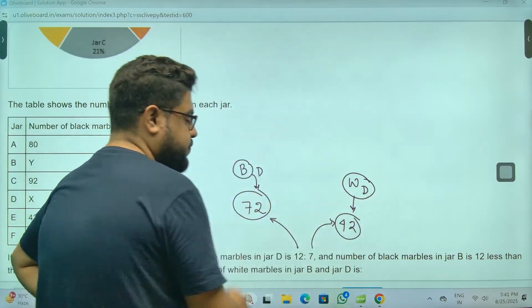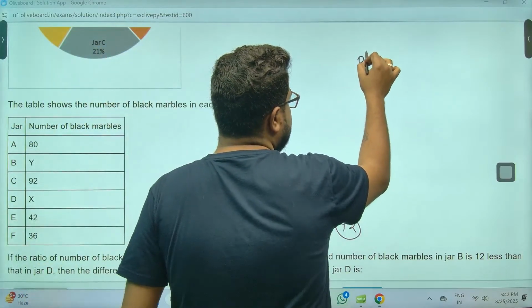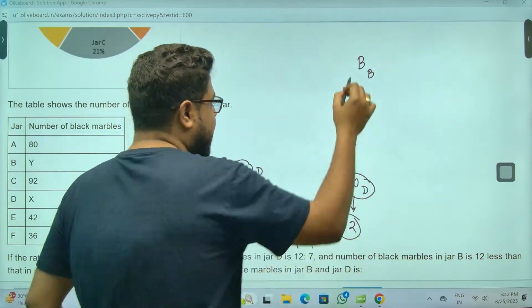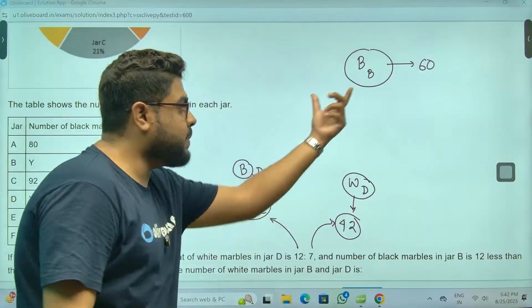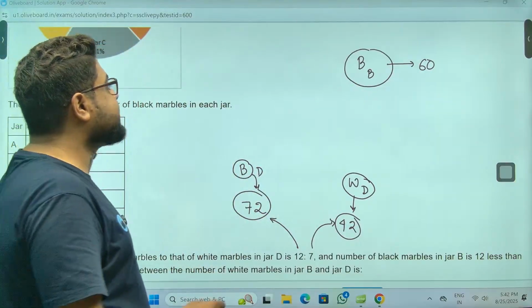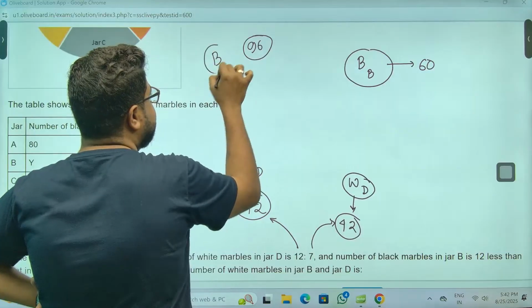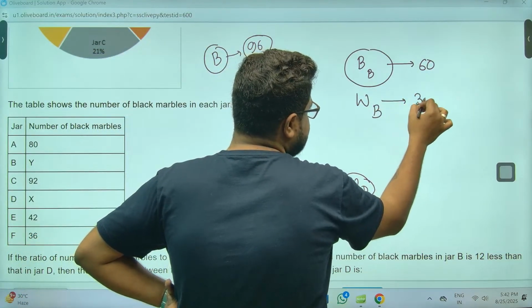That is 42. Now in jar B, black marbles is 12 less. 12 less means 60, because 72 minus 12 is 60, and the total is 16%. So 96 is the total number of marbles in B. So white marbles in B is 36.